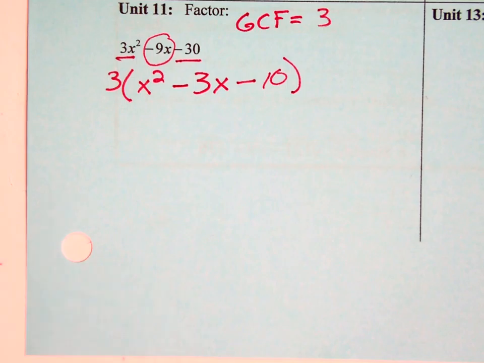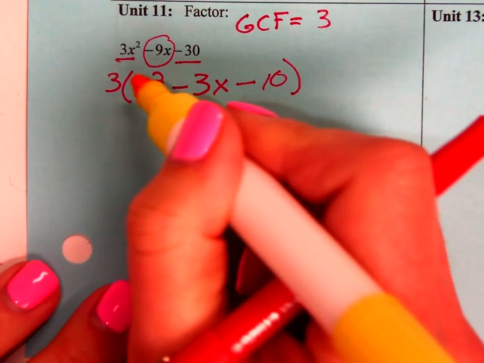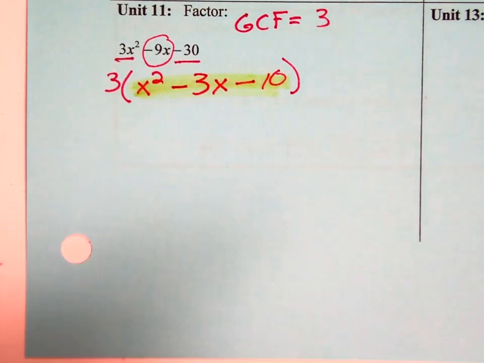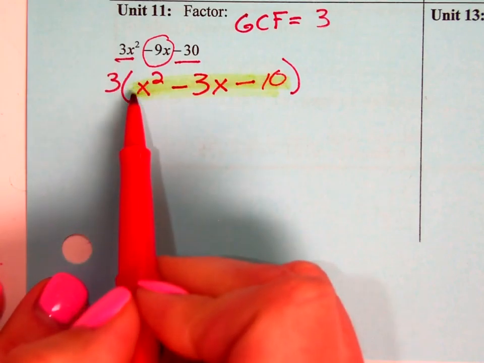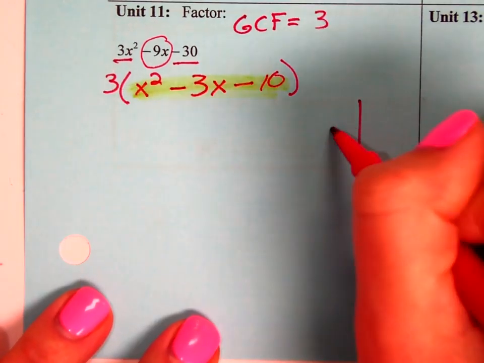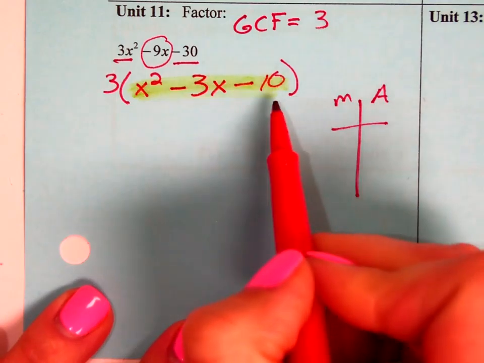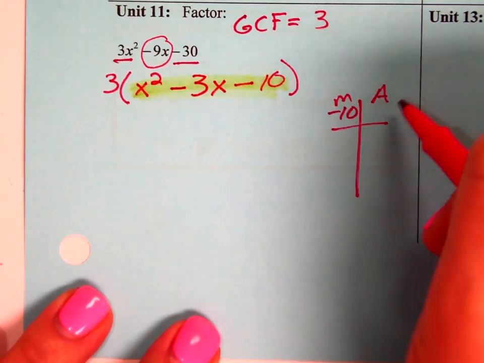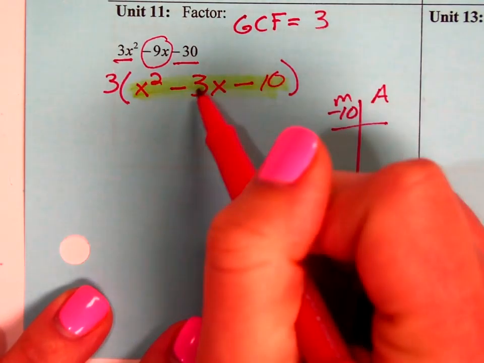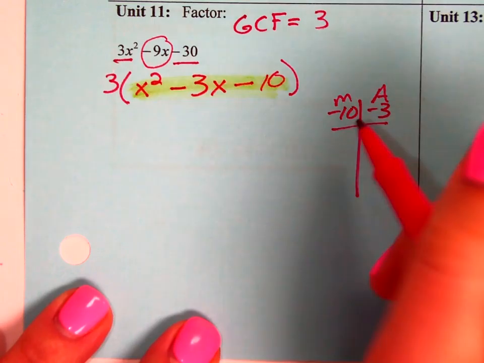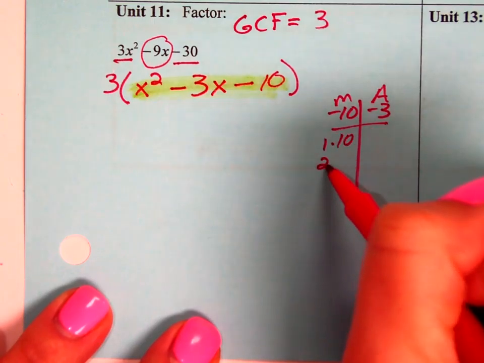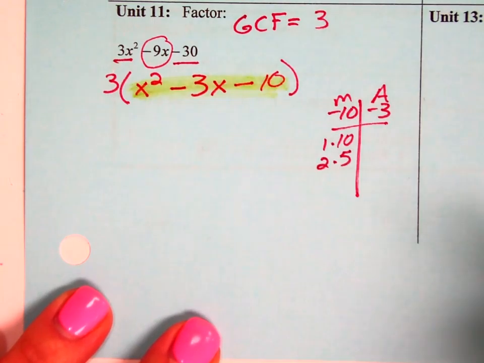Now, a lot of you might have stopped here, but remember, you still need to try to factor what is inside the parentheses. Since my first term is 1, we're going to go ahead and use a t-chart to factor it. What's it got to multiply to? Negative 10. What's it got to add to? Multiply to the last, add to the middle would be negative 3. So we would have 1 and 10. We would have 2 and 5. 3 would not work.